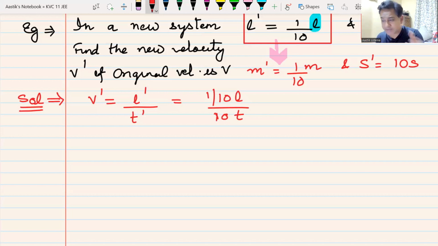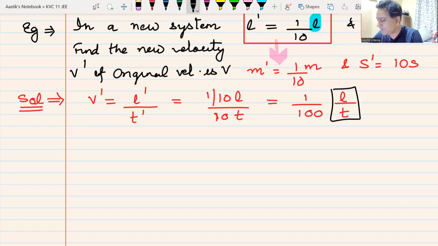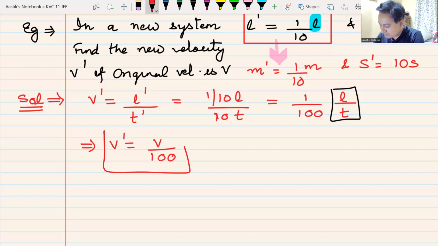L dash is 1 by 10 times of l. T dash is 10 times of t. So I have 1 by 100 times l by t. And what is l by t? L by t is my original velocity. So I will have v dash as v by 100, and that is the answer. My velocity will become 1 by 100 times of v.